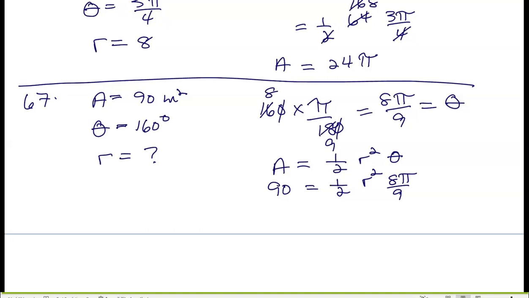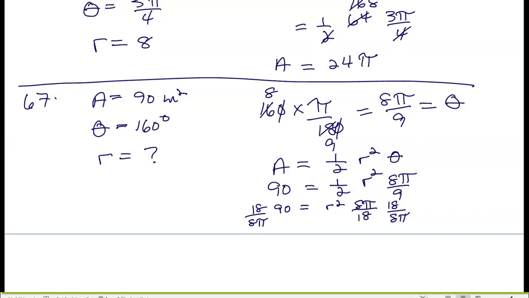I'm running out of room here, so I'm still going to do what I'm doing. So I'm going to say 90 equals r squared times 8 pi over 18. Multiply both sides by 18 over 8 pi.